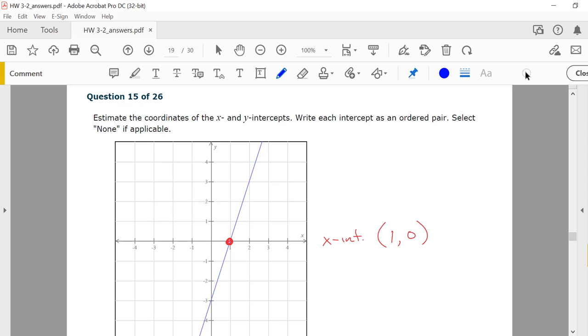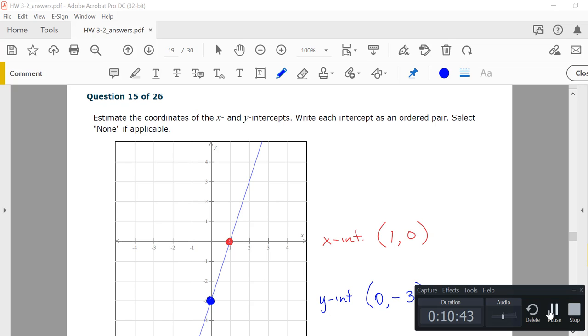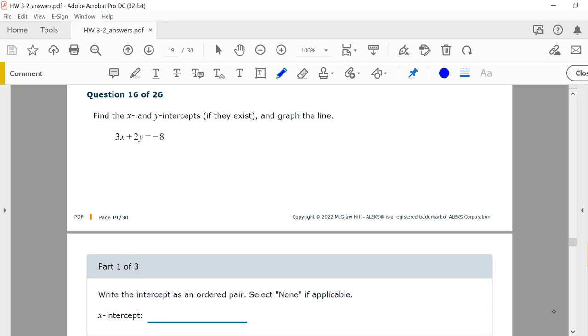Now for the y-intercept, it crosses the y-axis right here. So the y-intercept would be 0, -3. Okay, now to find the x and y intercepts, and then graph the line for 3x plus 2y equals -8.